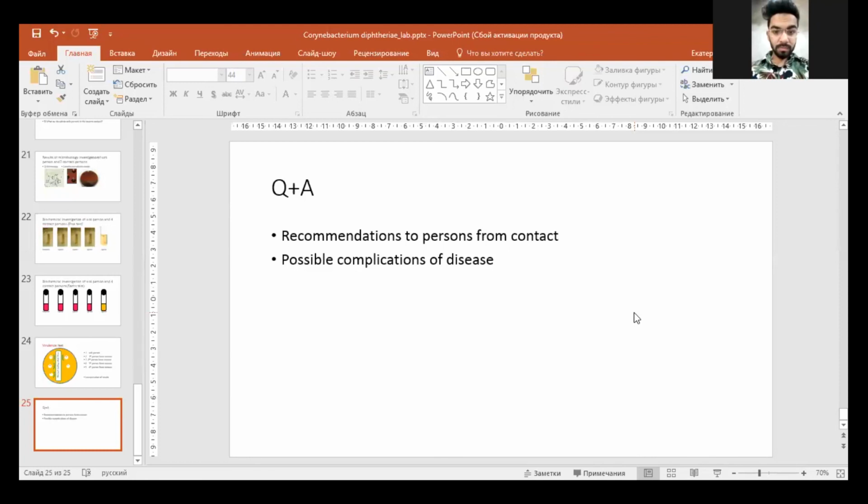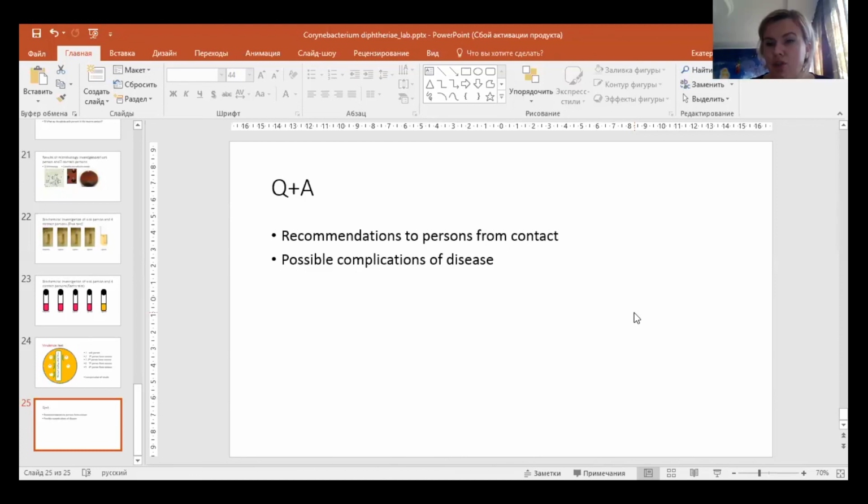Yes, you may, but before the specific prevention, what should you prepare? For detection of disease in a patient, you should prepare an immunity test, antitoxin.